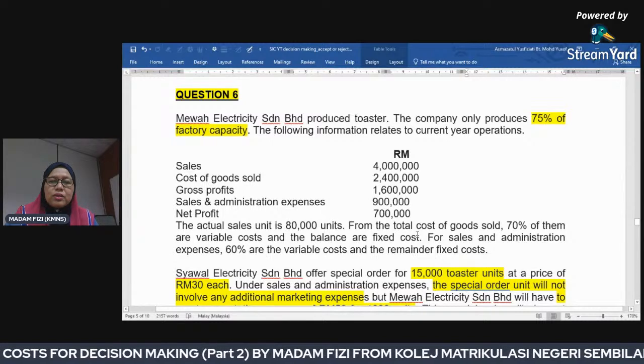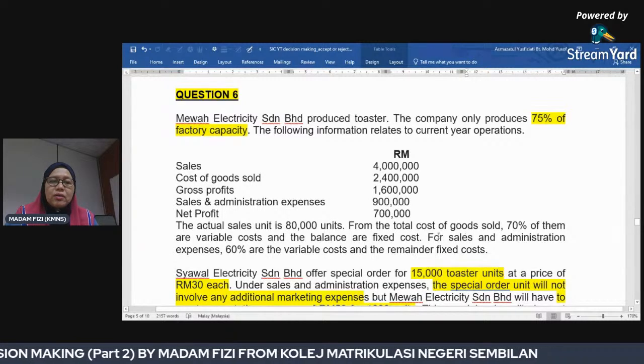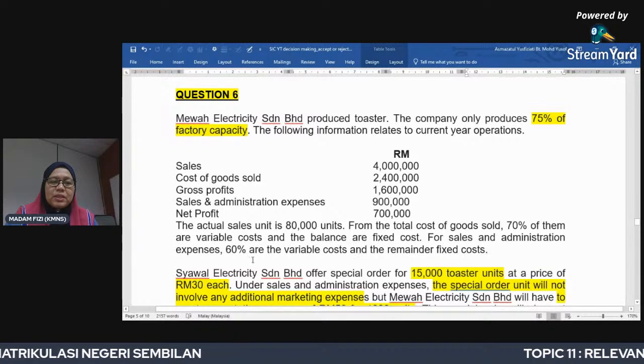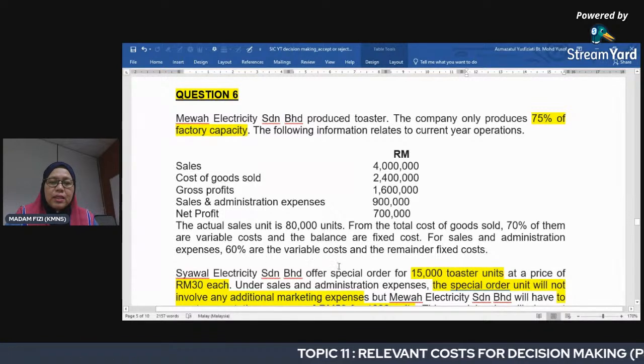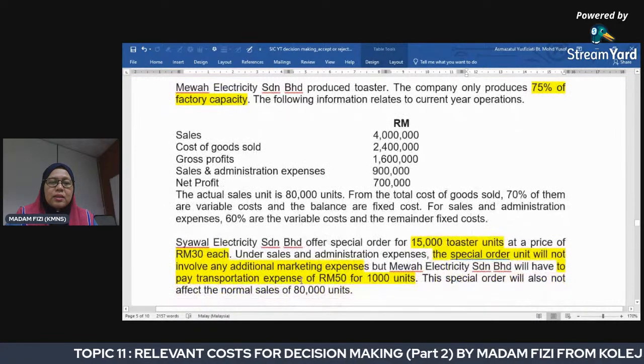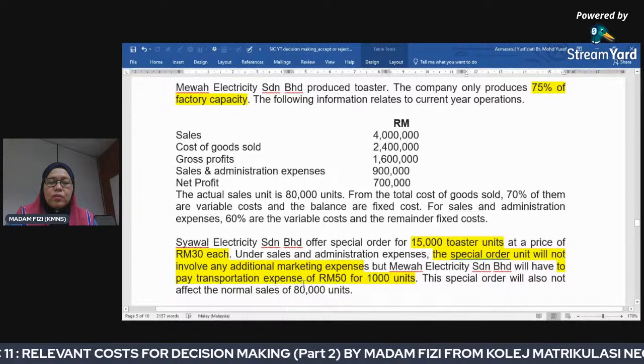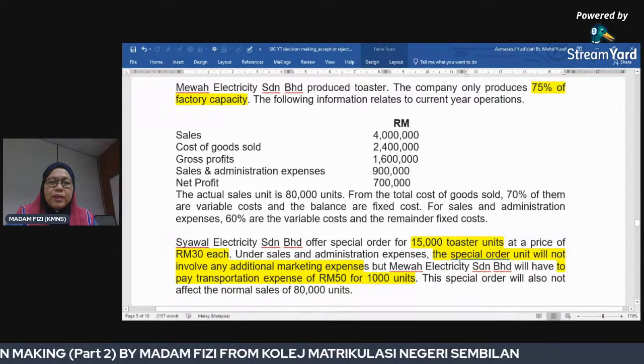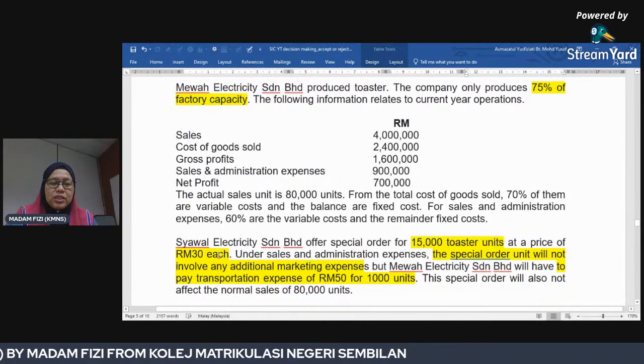From the total cost, 70% of them are variable costs and the balance are fixed costs. For sales and administration expenses, 60% are the variable costs and the remainder are the fixed costs. Then Mewah Electricities Berhad is offered a special order for 15,000 toaster units at a price of RM30 each.